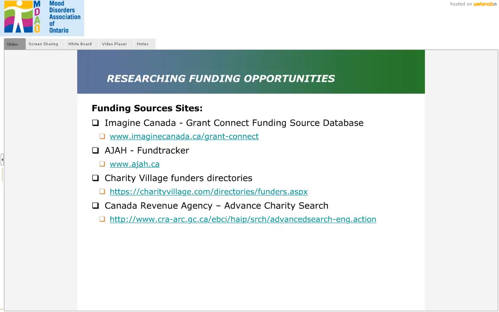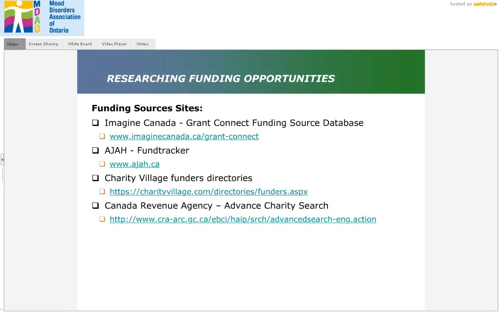With regard to the Canada Revenue Agency, you are able to see the donations and funds that foundations have previously provided in their profile. So it is a very helpful resource.